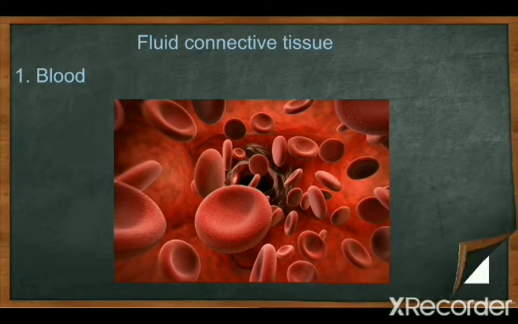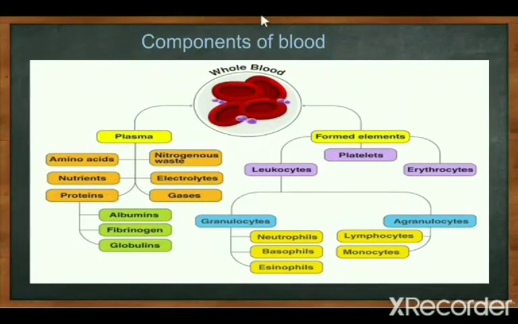Plasma, here you see that whole blood is composed of two components. Number one is plasma and number two is formed elements or blood corpuscles. Plasma is a non-living component of blood. It is about 55% of blood.